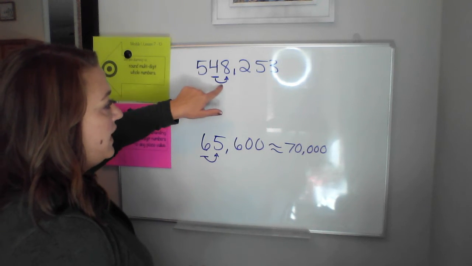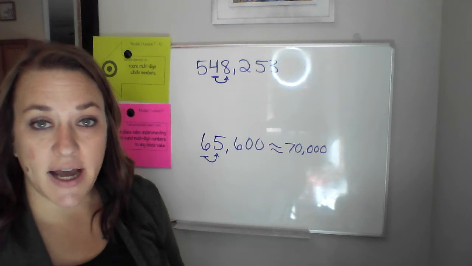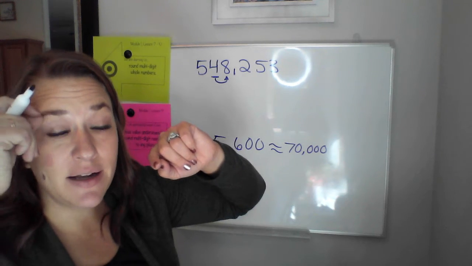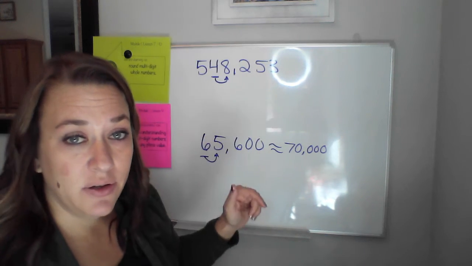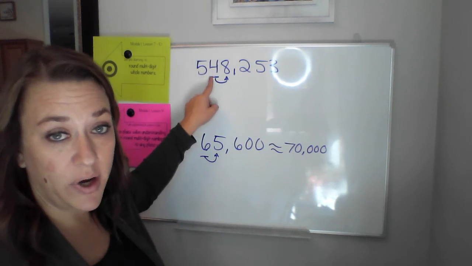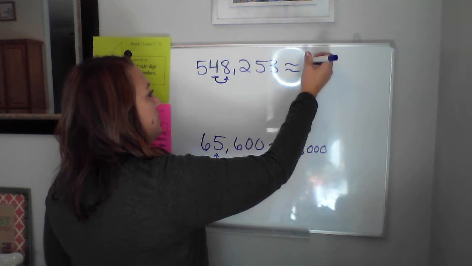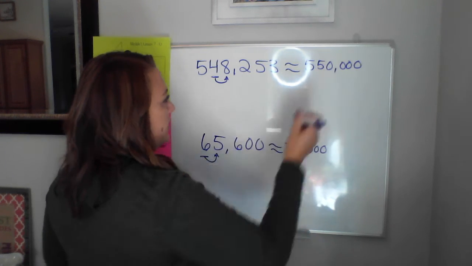And when I look to the right, it is larger than 5. So that means we're going to be rounding up to our higher end point. If we are imagining our number line, 550,000 would be that higher end point. So this goes up 1. Okay. So we would round this to 550,000.